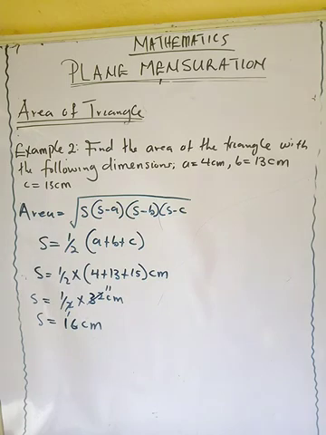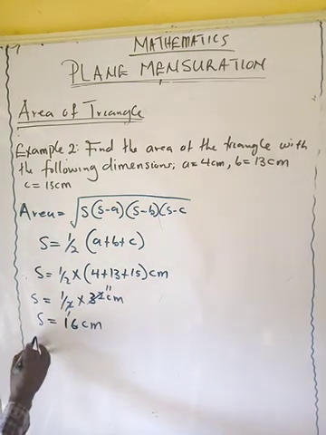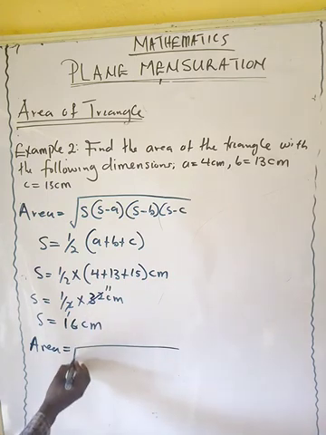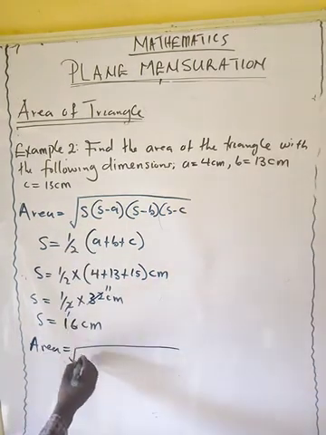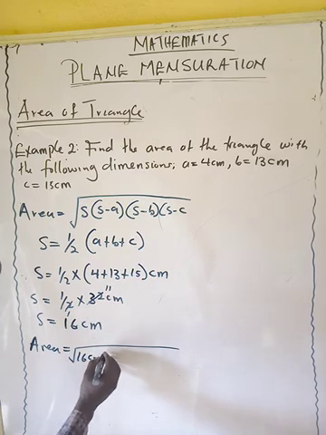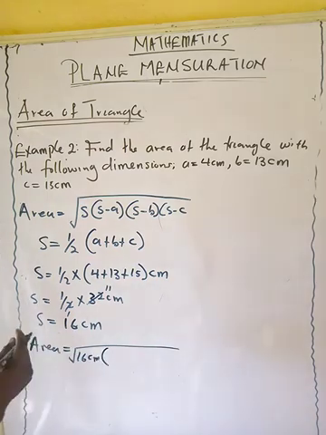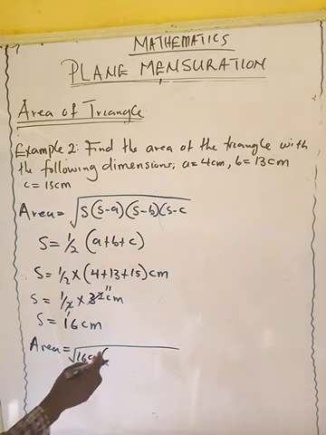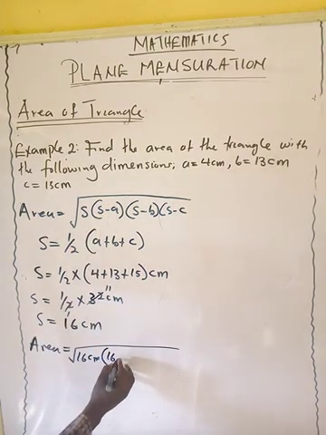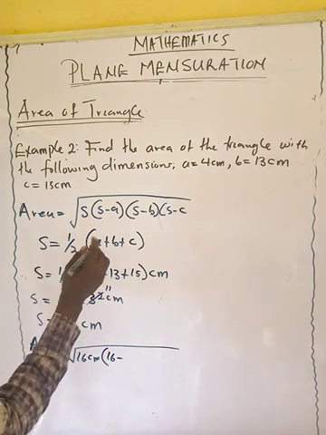So the area now, our area, root, our x is 16 centimeter in the bracket of x. Our x is 16 minus our a.